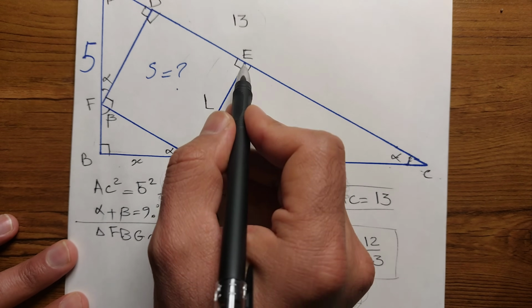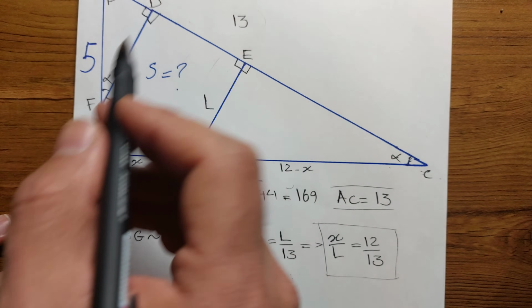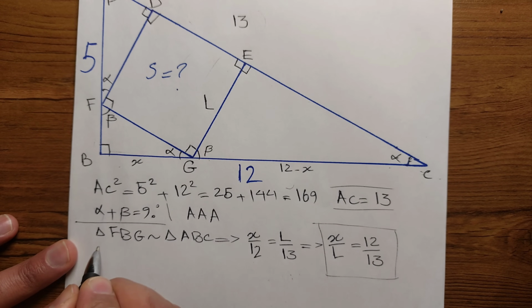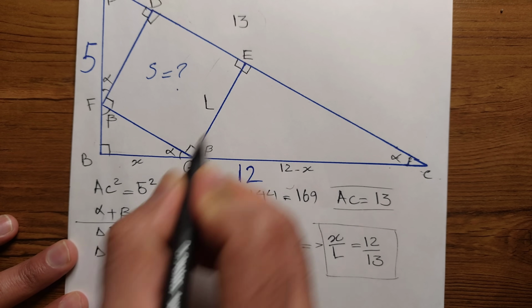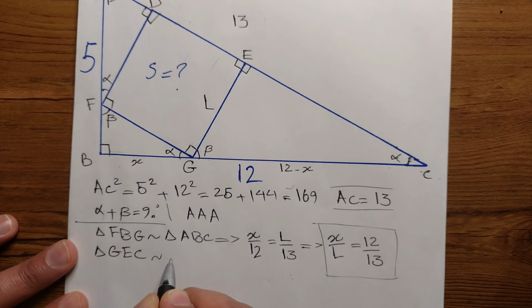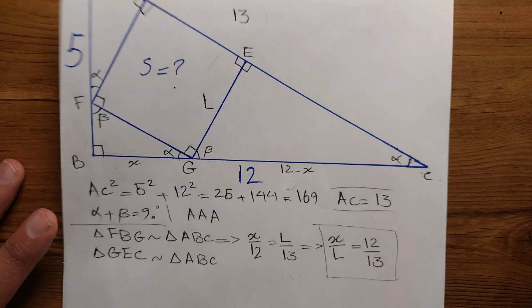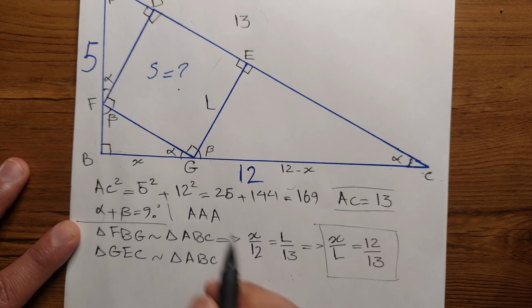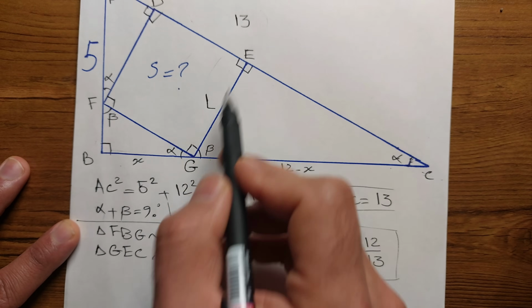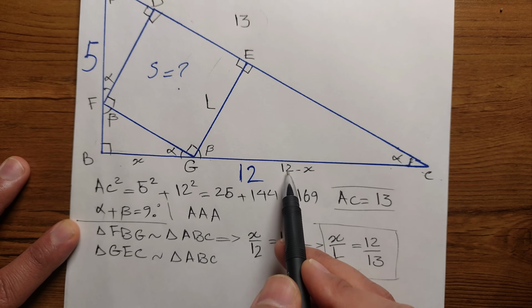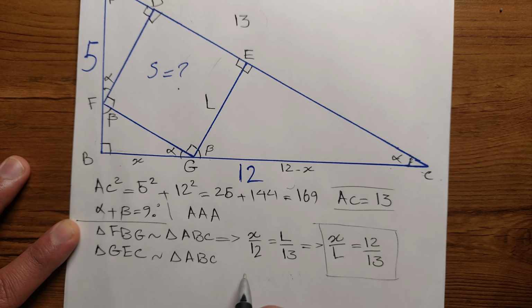Triangle GEC is also similar to the bigger triangle. Triangle G, E, and C is similar to triangle ABC again. So we can write down some proportions here. The hypotenuse of this triangle GEC is 12 minus x.